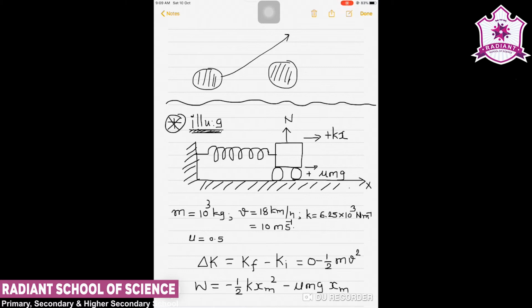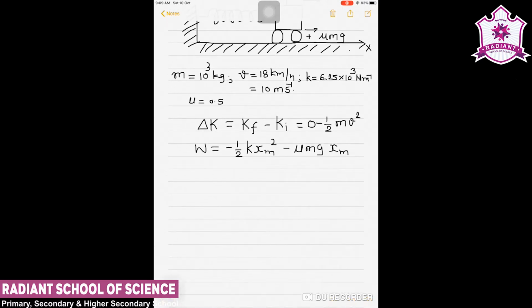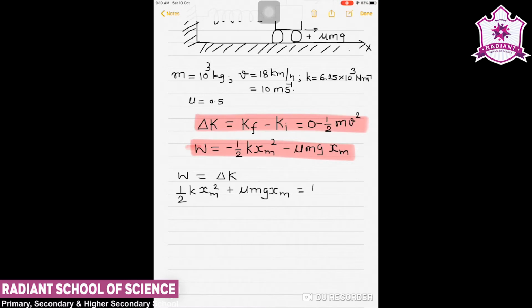Now when we try to solve these two equations, we can have the relation between K and W. As per the work energy theorem, W is equal to delta K. When we equate it, we get 1/2 k xm square plus mu m g xm equals 1/2 m v square.